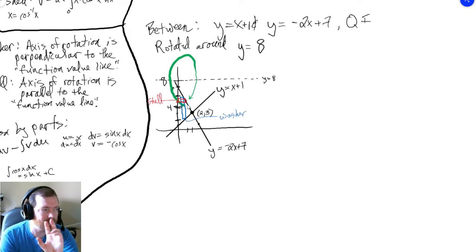but you'd have to have two separate integrals. One would be over the top section here, and the other would be the bottom section here, because these are going to be two different schemes, right?